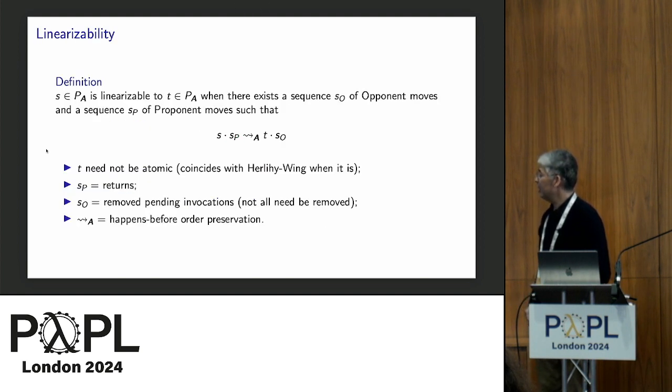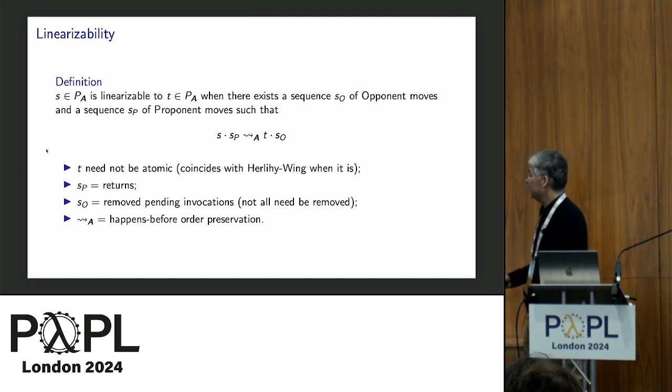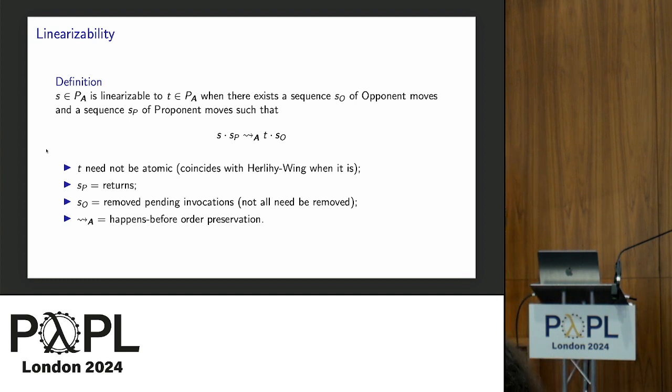So officially, other than the notion of abstract linearizability, you can actually define that the trace S is linearizable to T if there exists a sequence SO of opponent moves and a sequence SP of proponent moves such that, essentially, S linearizes to T. SO is a set of pending invocations that are not completed, and SP is a bunch of returns.